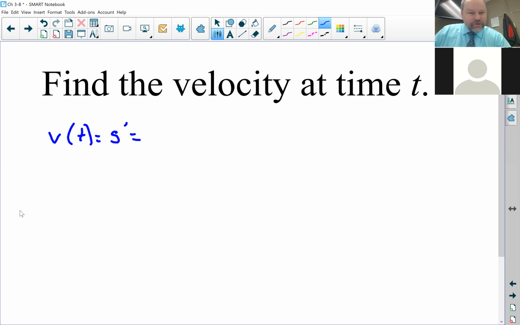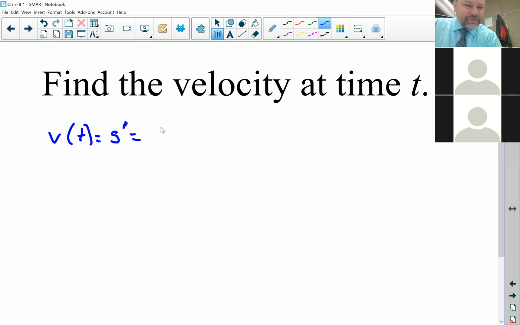So if I take my derivative, what is the derivative of t cubed? 3t squared. There we go.